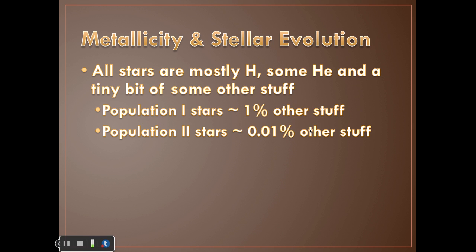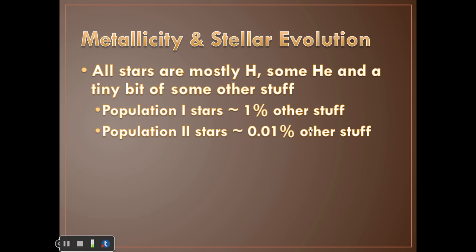And so metallicity has an effect on stellar evolution. It affects what's in the star when it's born, but then it also affects what happens after it's born. And we're going to get into that in some detail as we get into the evolution of stars. But just to put this in perspective, if you've got a Population 1 star, it's about 1% other stuff, not hydrogen and helium. Population 2 is about 1/100th of that, 0.01%.